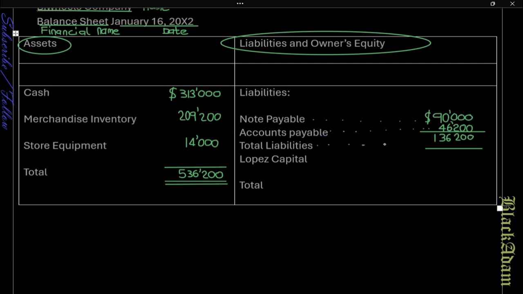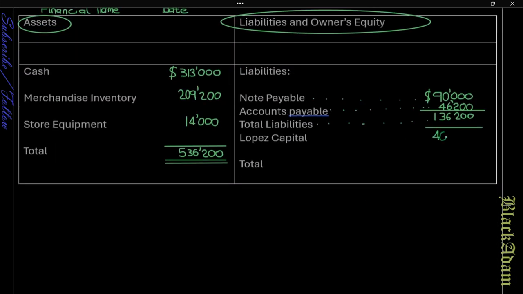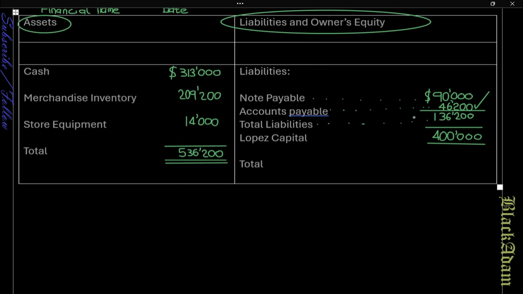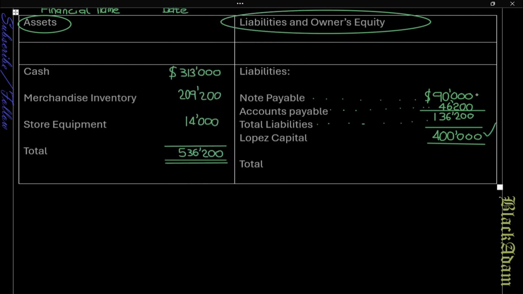So that's the first part, notes payable. Second part, accounts payable, and then you have the capital, that's what Lopez put. So the capital there, that's 400,000. So you're going to add total liabilities plus the owner's equity. So the liabilities give us 136,200, and from there we add 400,000.